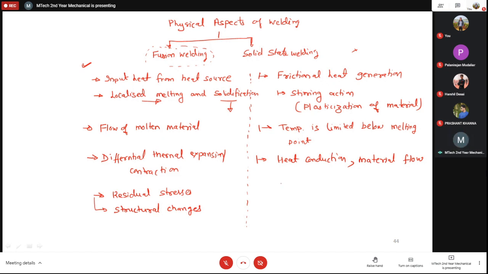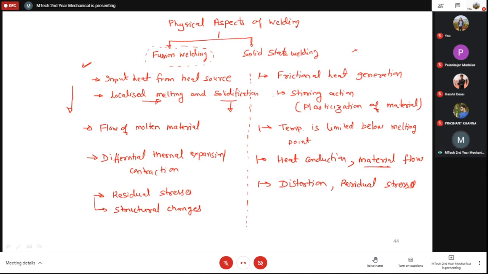Again here, since the material flow is taking place, we'll have distortion and the residual stresses. Okay, so you can see the main mechanism here and here is totally different.